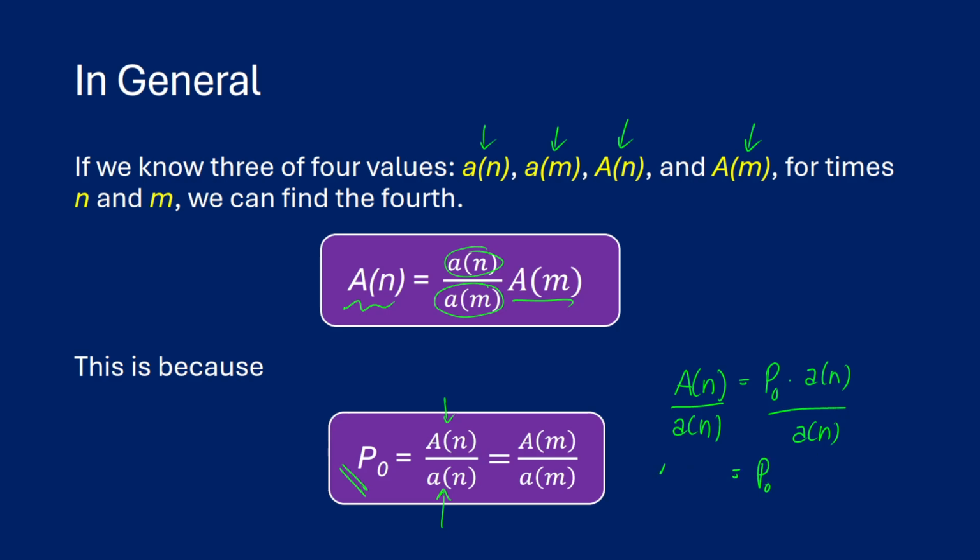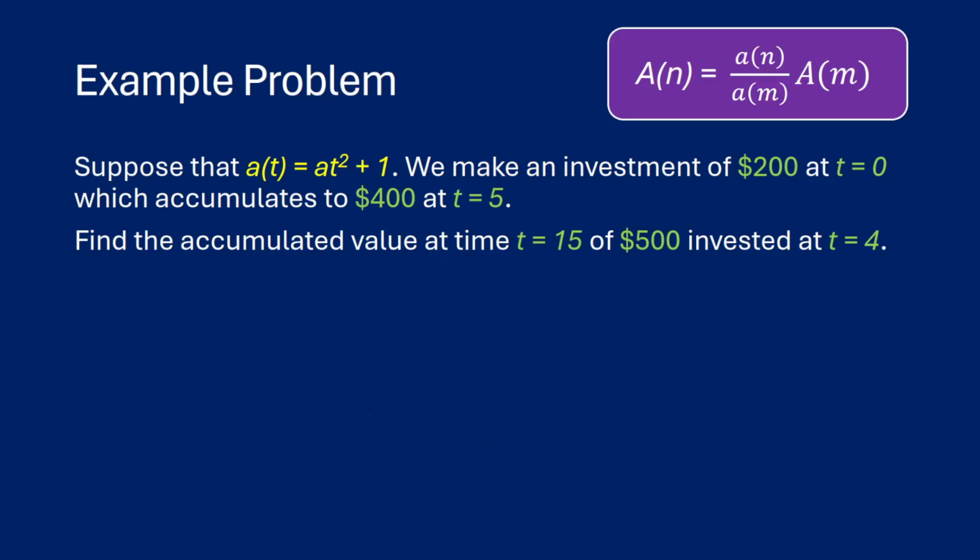So P0 is equal to the amount at n over the accumulation function at n. And it doesn't matter which times you take, so you can also do this with A of m and little a of m, whatever times those are, and they'll be equivalent. So we can just take this bit of the formula and do some cross multiplication in order to get what we need to get.